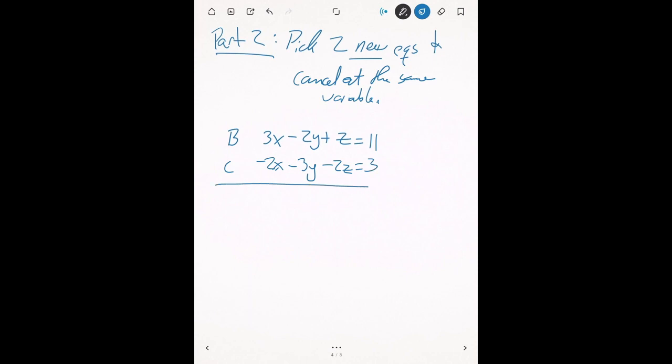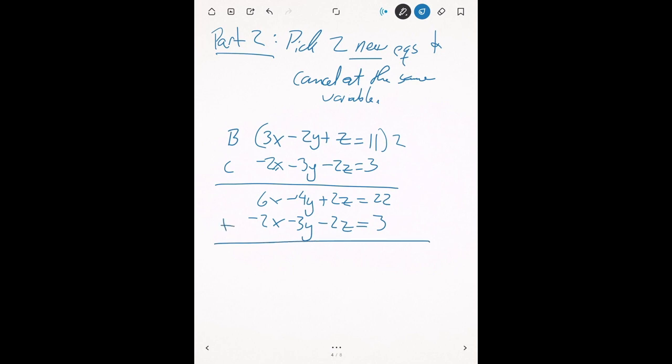Okay, we have to cancel out the z variable, so I'm going to multiply this equation by 2. We're going to end up with 6x minus 4y plus 2z equals 22. On the bottom I have negative 2x minus 3y minus 2z equals 3.